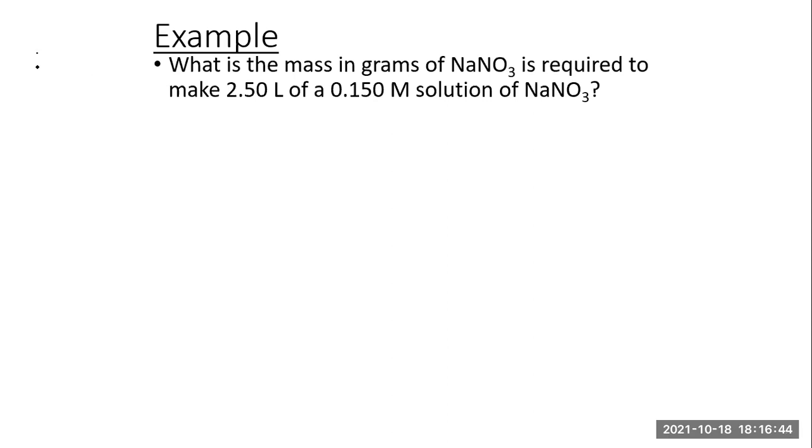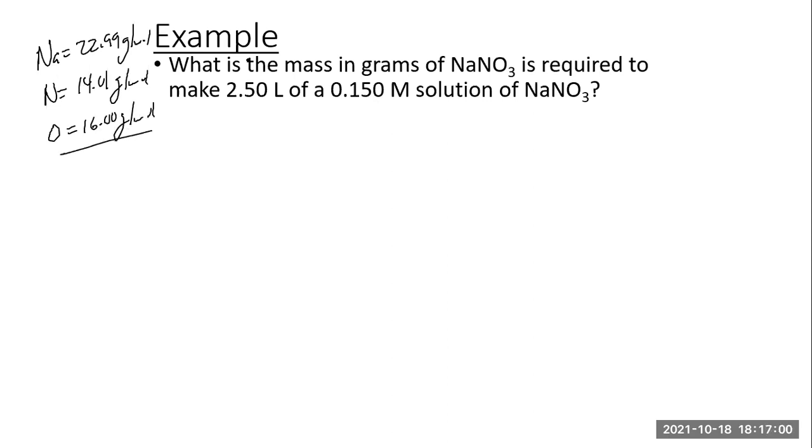Sodium is 22.99 grams per mole, nitrogen is 14.01 grams per mole, and oxygen is 16 grams per mole. Take a little bit of time and see what you come up with. We're looking for how many grams of sodium nitrate you need if you want to make a 2.5 liter solution that ends up with a molarity of 0.15 molar.